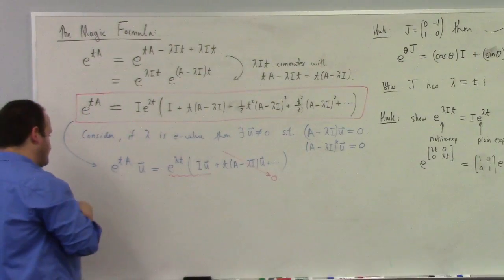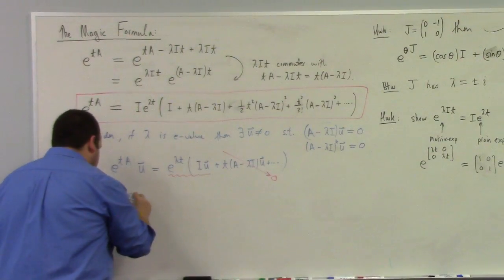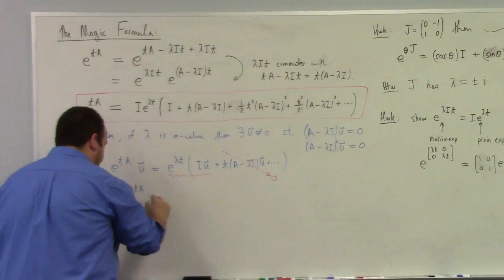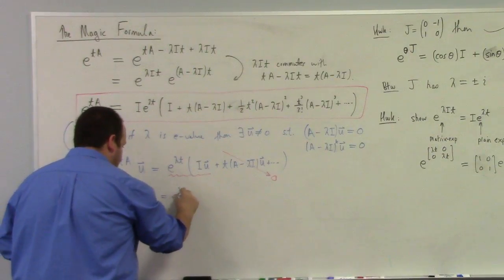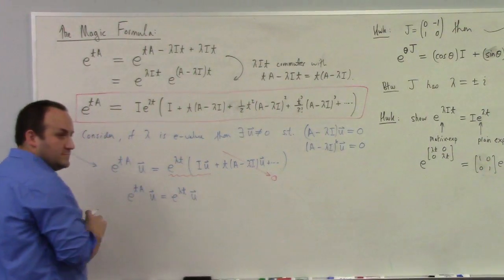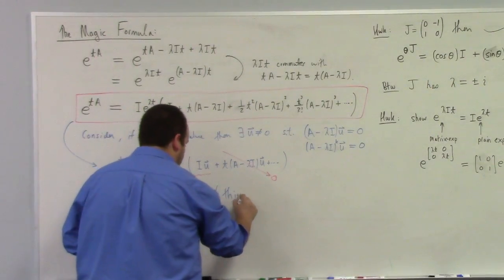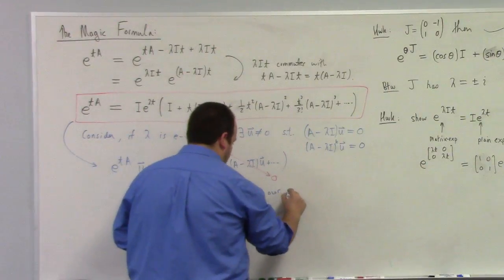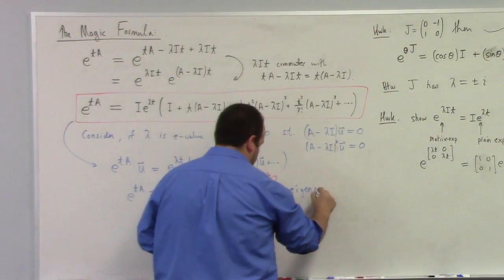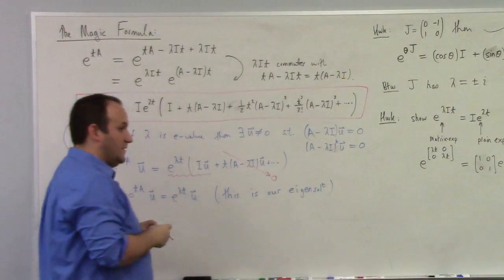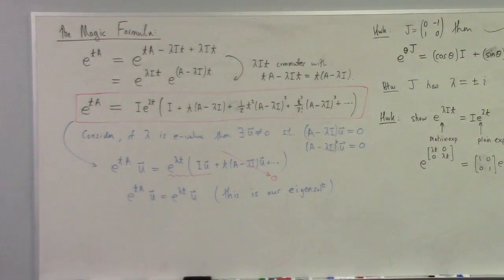So e to the tA times the eigenvector u is equal to e to the lambda t times u. This is our beloved eigensolution. So to recover the solutions we already know from our previous technique, we just take the matrix exponential, multiply it by eigenvectors, and out pop the eigensolutions.